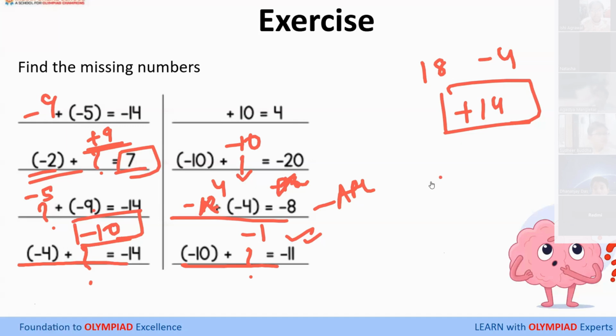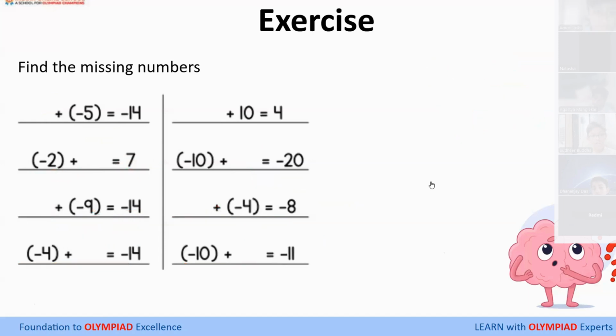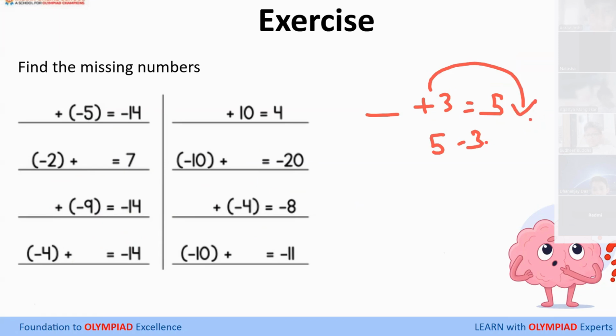So I hope you understood. See, those who took time, especially for them, and obviously for everyone, I'd like to give you a tip. Whenever you're getting such a question, you don't have to think much. What plus 3 is 5? 2. What do you do? 5 minus 3, right? You bring this to the other side, and positive 3 changes, it becomes negative 3.